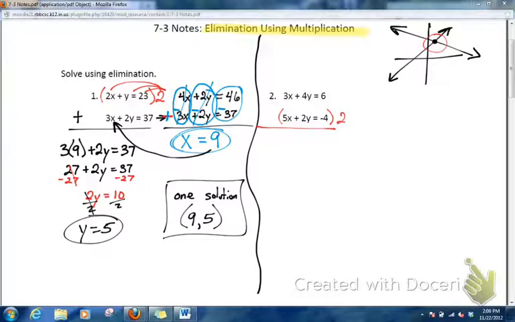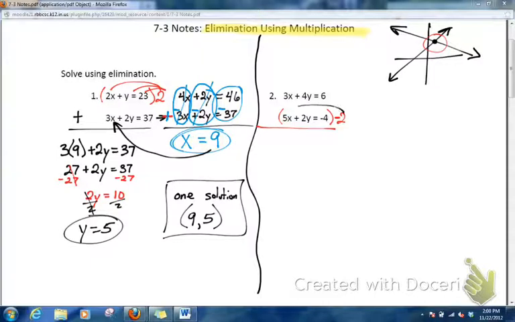So multiplying this bottom equation by 2 is going to turn this into a 4y. Now, you might also think that, well, yeah, I'm going to have a 4y, but technically I want this to be a negative 4y because I want positive 4y and negative 4y to cancel out. So if you want that to be a negative 4y, what you can do instead of multiplying by 2 and then coming back and subtracting is to just multiply the whole equation by negative 2.